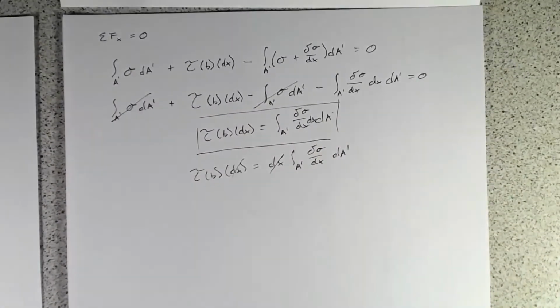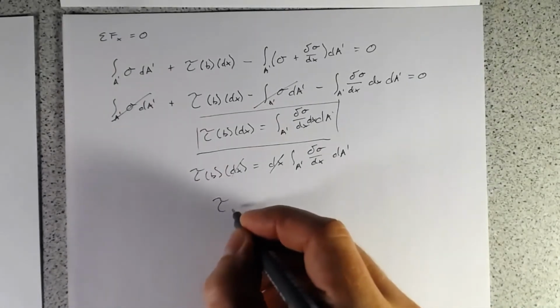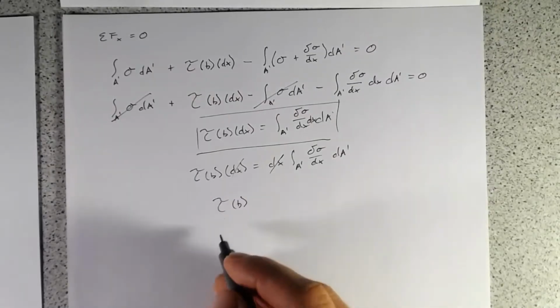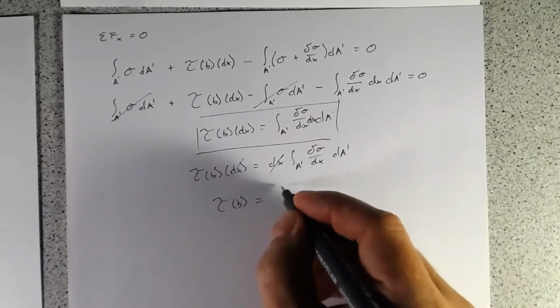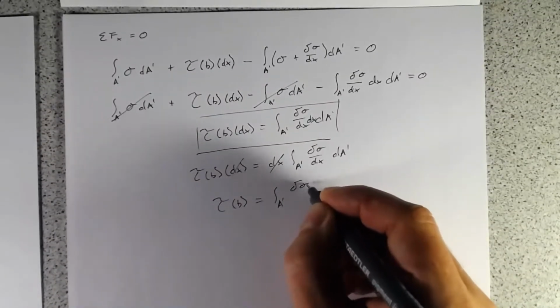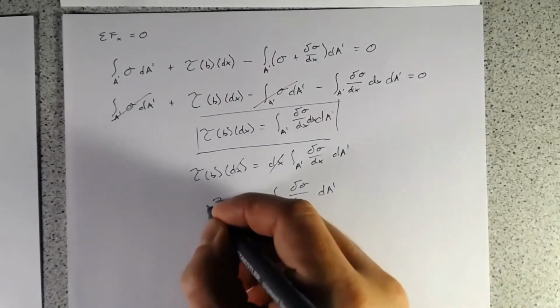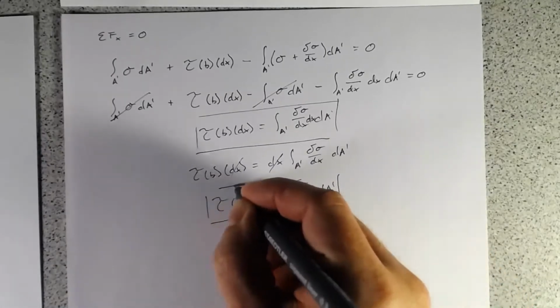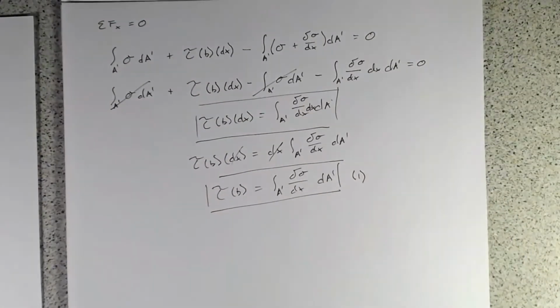So these two cancel out. And so now we're left with shear stress times the width of the section equals integral of delta sigma over dx dA prime. And let's just call that equation 1 for right now.